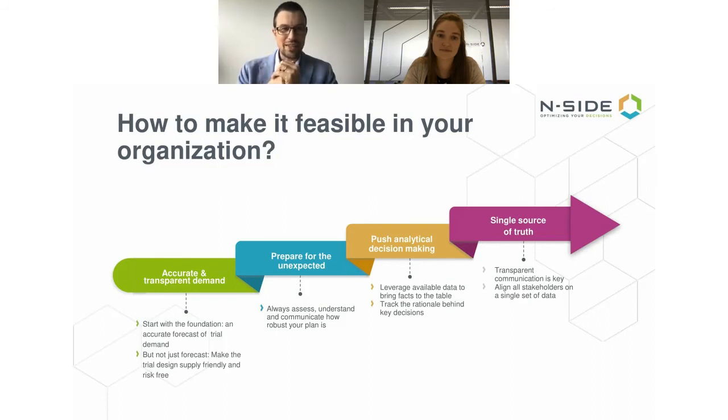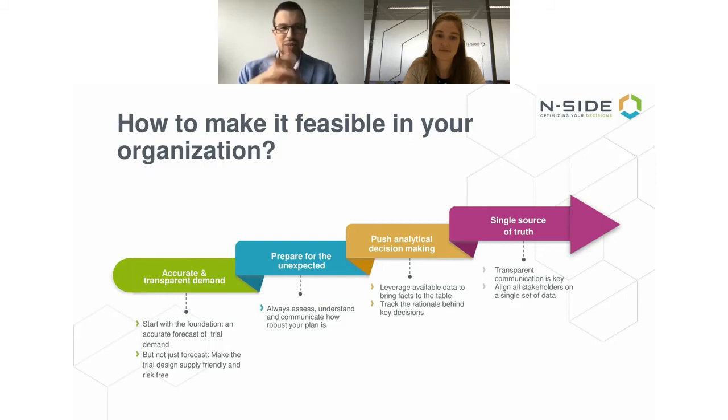Second sub point there is that this analytical decision making also really helps with accountability further down the line. It's maybe not something that all of you are facing as of now. We see it more and more with our pharma partners, is asking to justify, why do we have so much waste in our clinical supply chain?